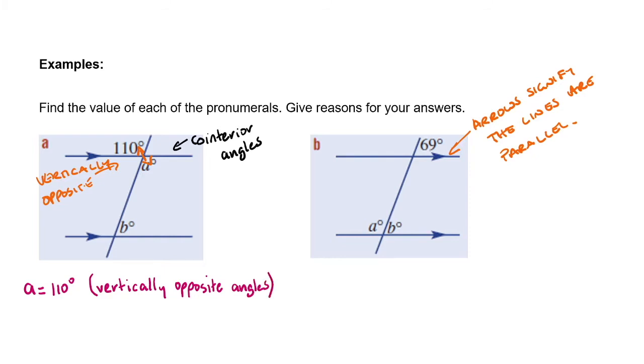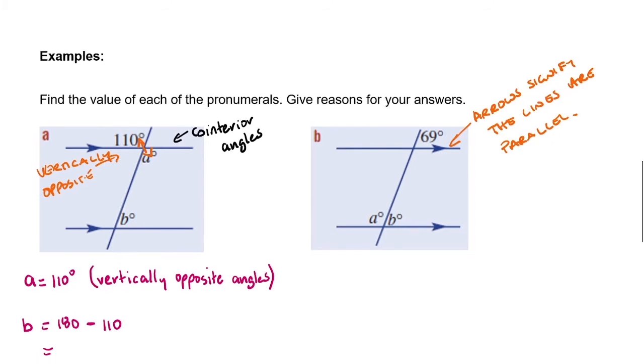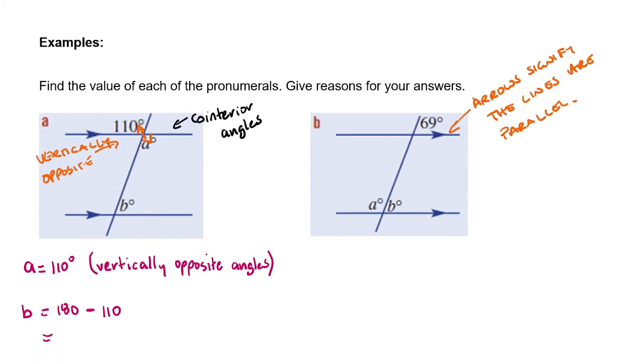Now, the other part that we have there, we need to find B. B is going to be 70 now, because they're co-interior angles, they have to add up to 180 degrees. So they're going to be 180 minus 110, and 180 minus 110 gets us to 70.